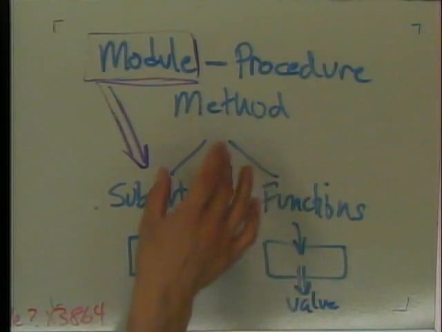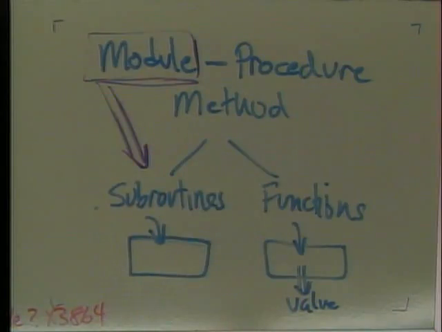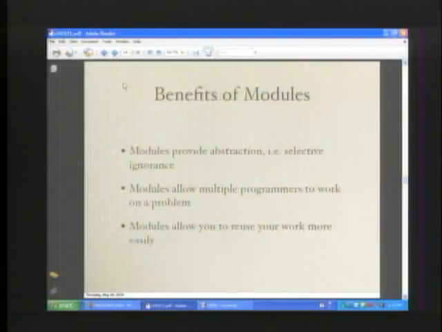Both of them are modules, procedures, or methods. Essentially, they are all in that category. So a module is called a procedure or a method. A procedure that returns a value is a function, and if it doesn't, it's a subroutine. That's what we're really saying here.